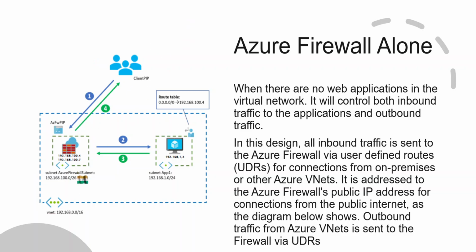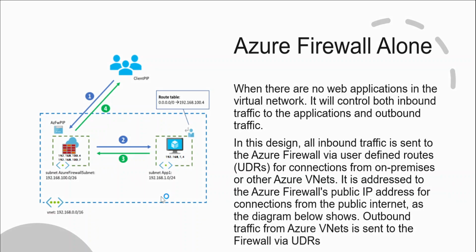In the Azure Firewall, you will see the public IP is there, and it will attract it to the internet, the direct internet facing. You can see the outbound traffic is sent to the firewall by the user-defined routes. So here in this case, there are no web applications. It will control both inbound and outbound traffic to the applications. Here there are no web-based applications.